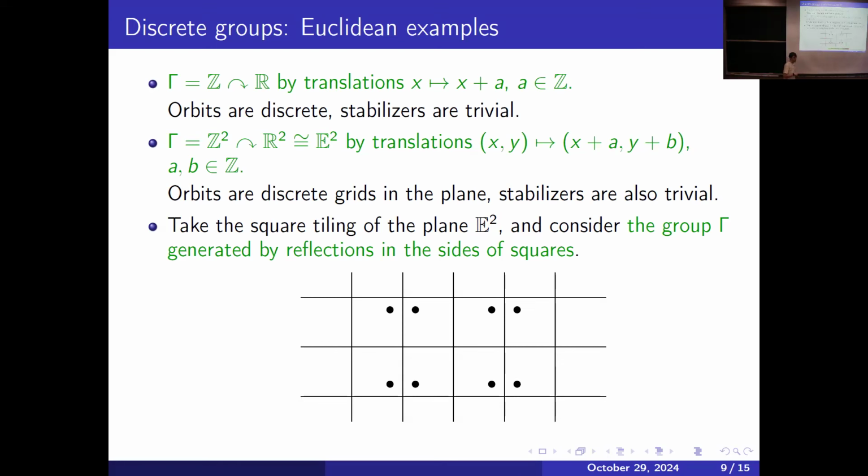But these stabilizers are finite groups, so everything is nice. And in fact, we already found that the orbits are discrete. Again, we use some intuition here, but this implies that stabilizers should be finite, as we previously discussed.